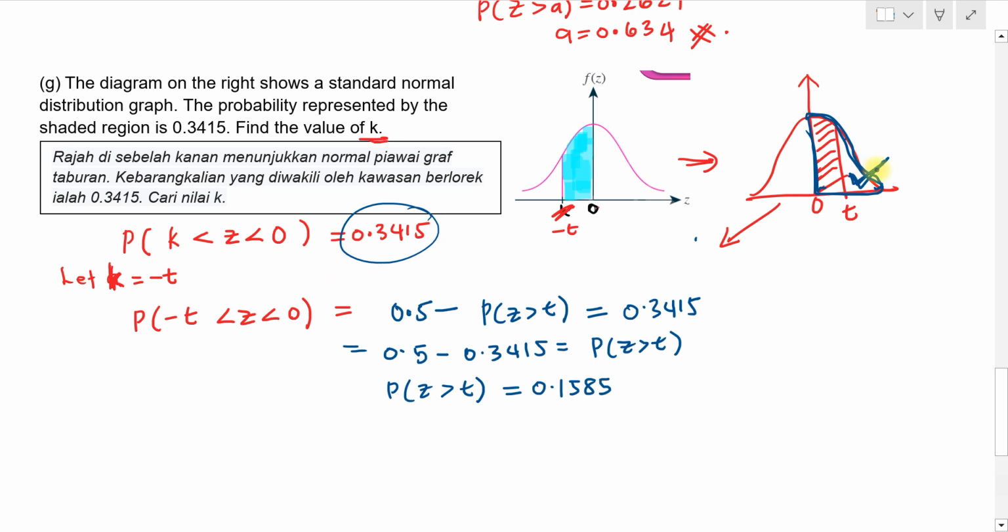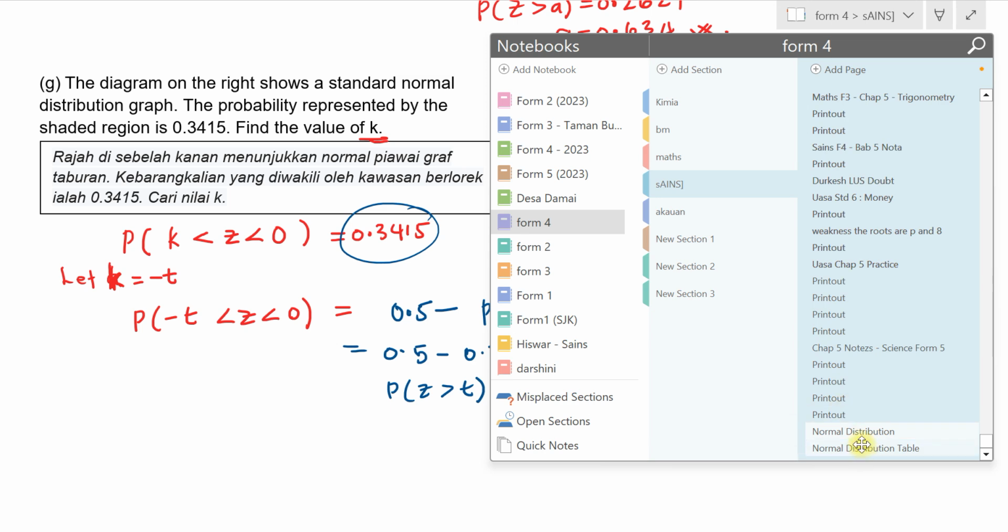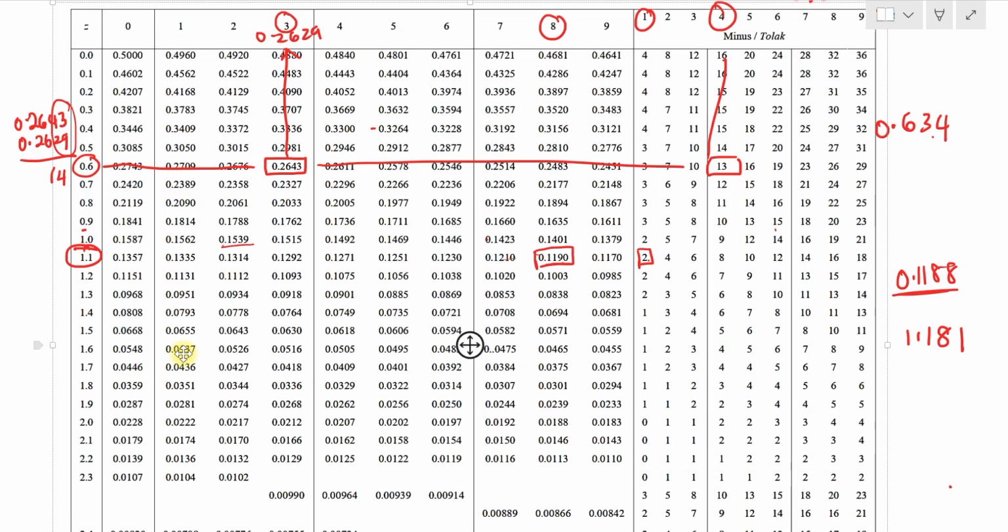Okay, so where do we find 0.1585? 0.1585.